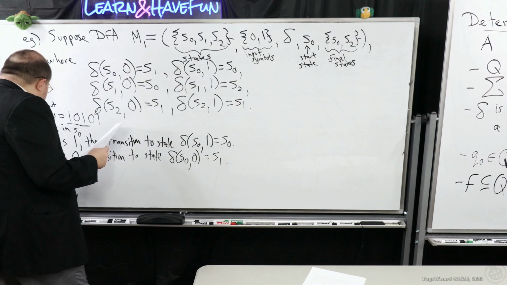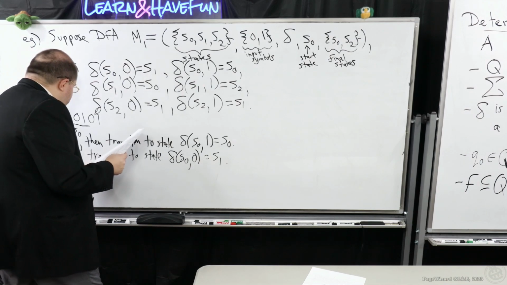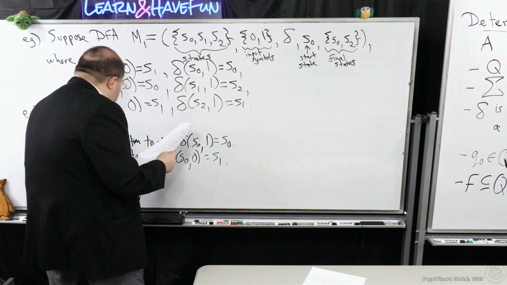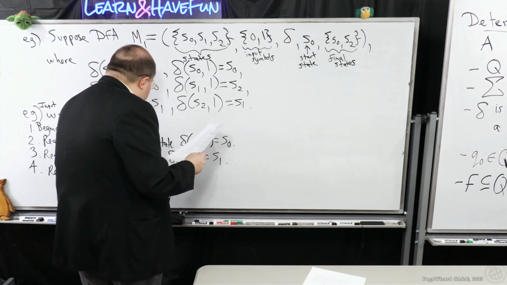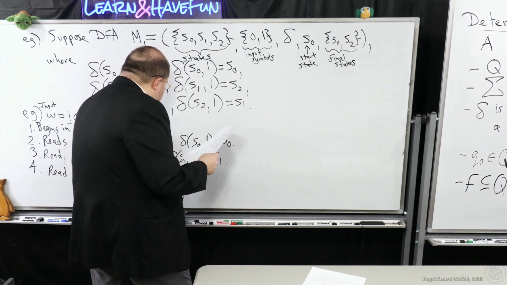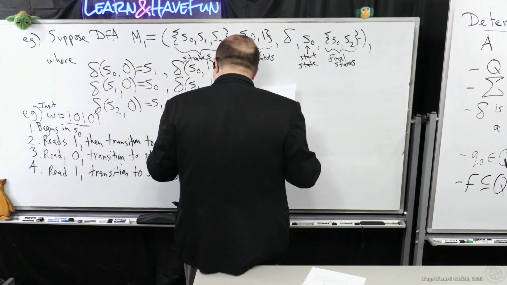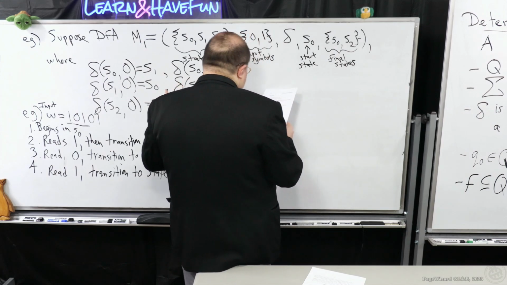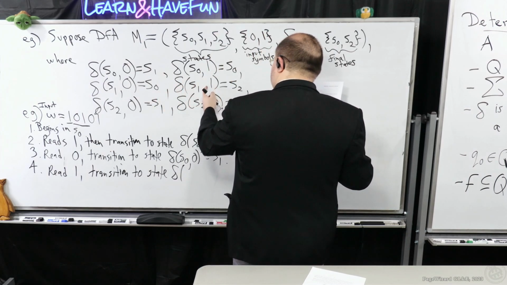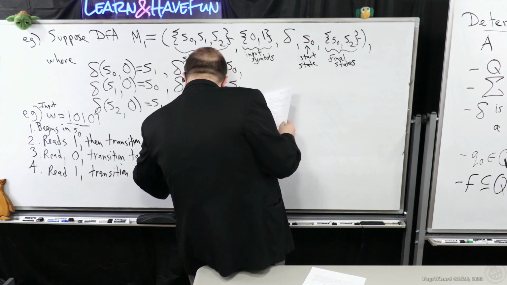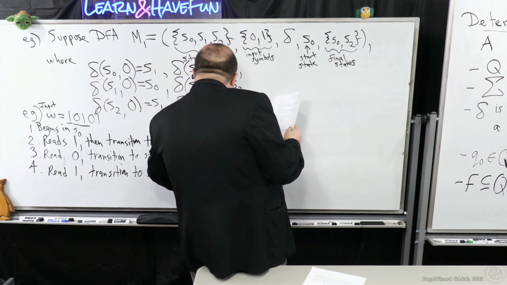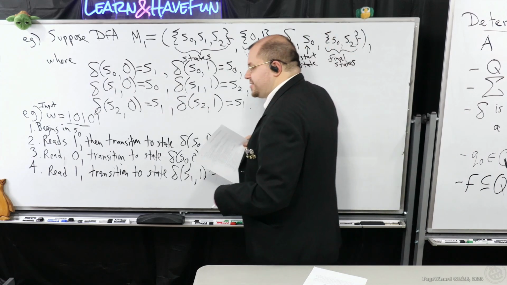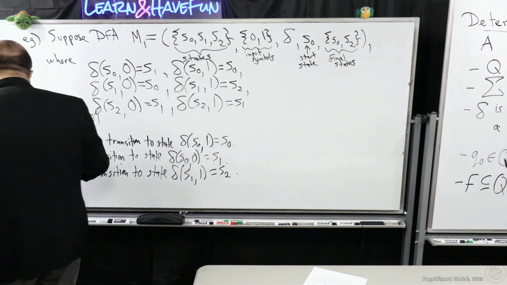We're going to read a 1 next. We transition to the state dictated by the transition function. Right now we're in S1 and we read a 1, so we appeal to the rule that says S1 on a 1 is equal to S2. So now we're in state S2.